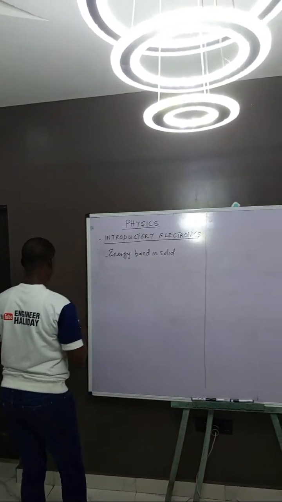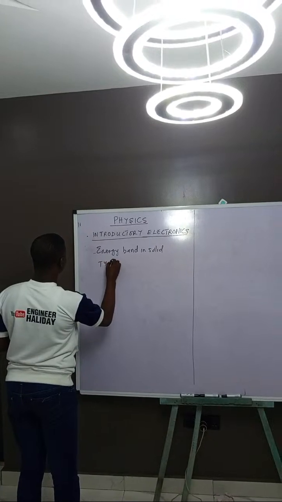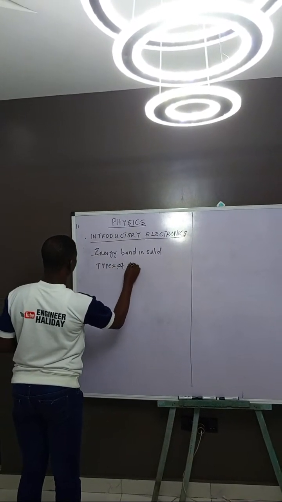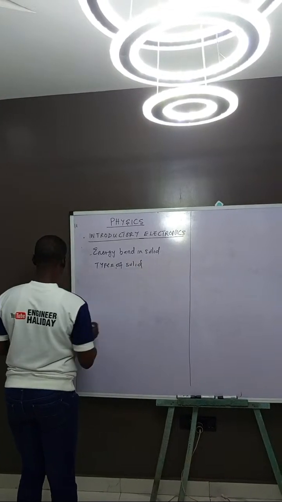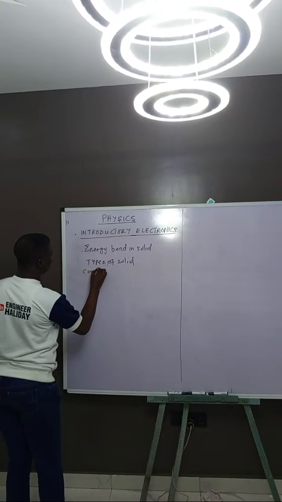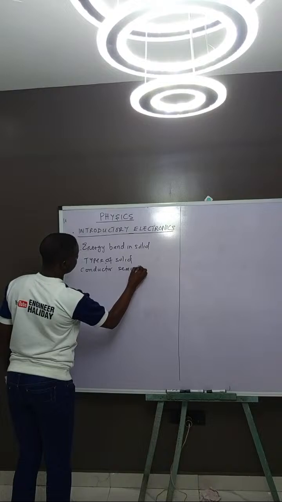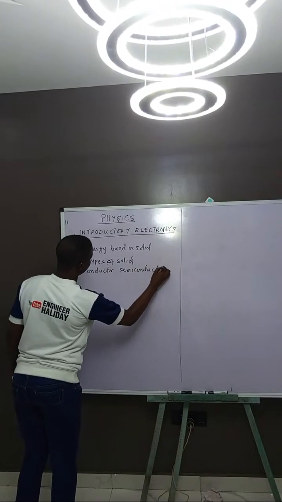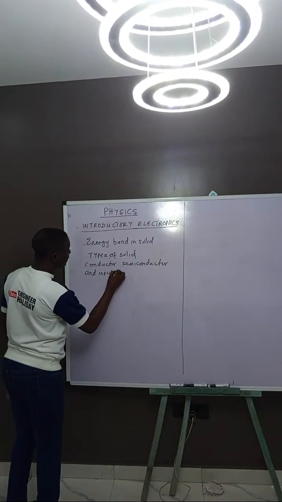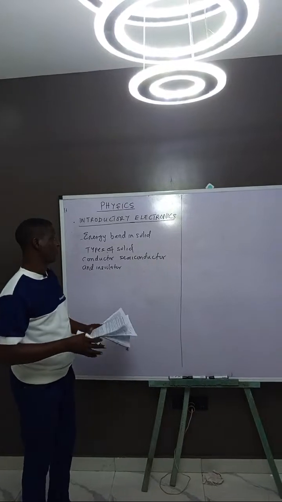We are going to look at how we can apply it to types of solid: conductor, semiconductor, and insulator. These are the three basic solid materials that we are going to be discussing.